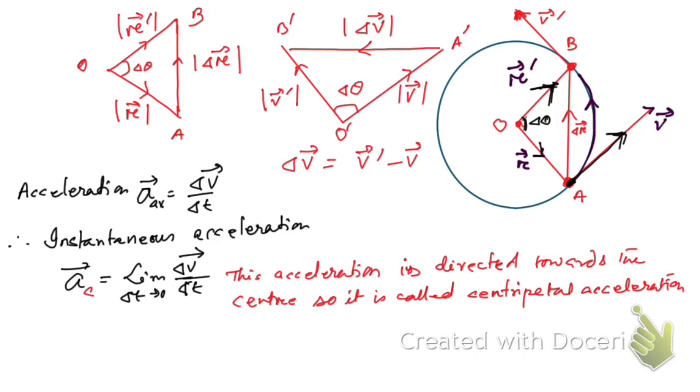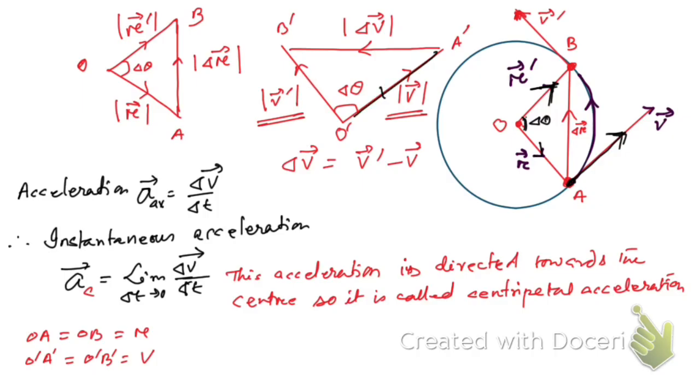Now from these two triangles, AOB and A dash O dash B dash, what we have got here: we know that OA is equal to OB, which is equal to R, and we also know that O dash A dash is equal to O dash B dash, which is equal to V. V is the speed, which equals the magnitude of V dash and V. If the magnitudes are equal, then the sides of the triangles representing these vectors are also equal in length.